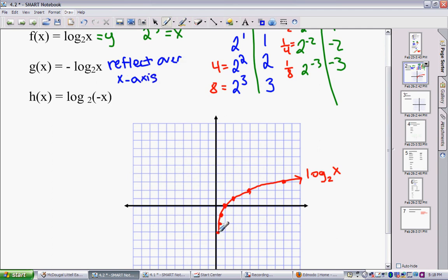So we're starting down here and going up, so we're going to start up and go down. We will have a common point of intersection at 1, 0, and then it will start going the other way. So we're just reflecting over. So this is negative log base 2 x.